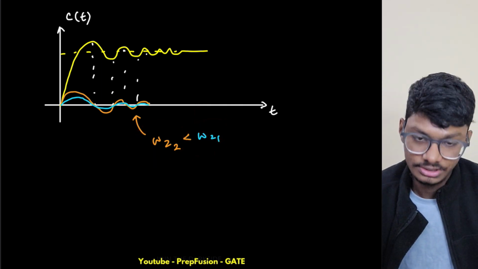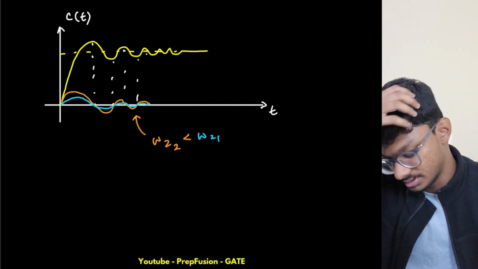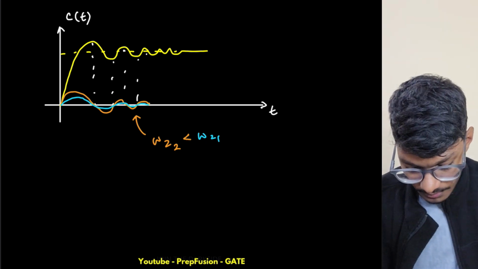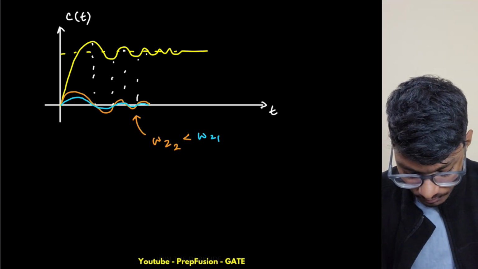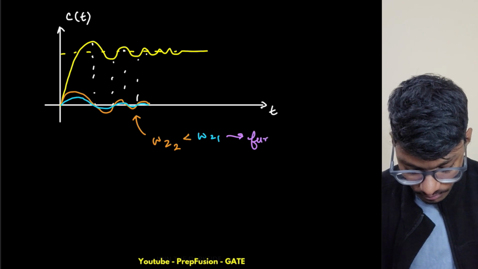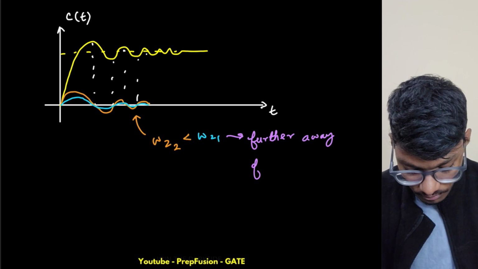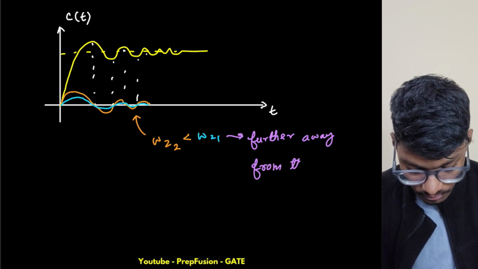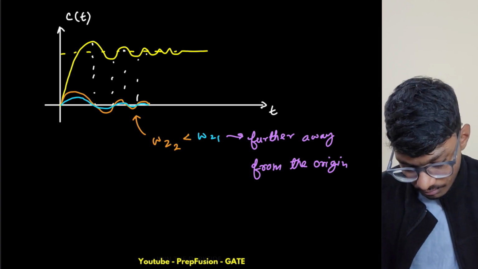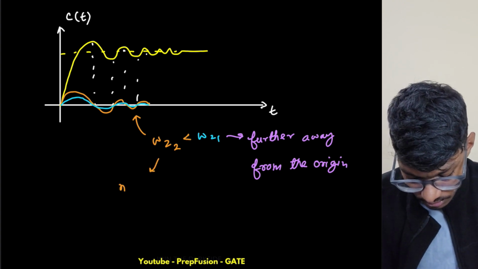Okay, so omega z1 is higher, so it is further away from the origin. So this means this is nearer to the origin.